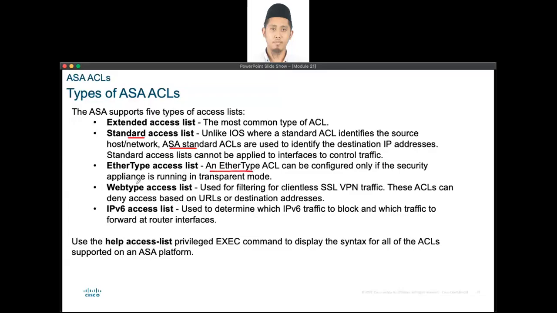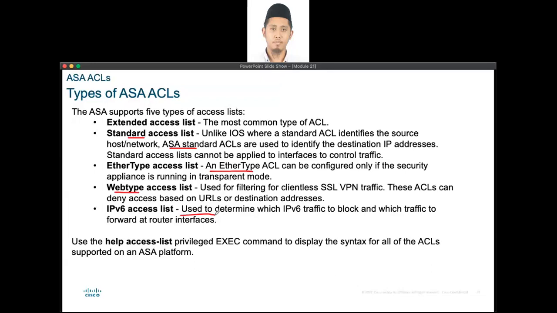For the EtherType access list, an EtherType ACL can be configured only if the security appliance is running in transparent mode. The webtype access list is used for filtering clientless SSL VPN traffic; this ACL can deny access based on URL or destination addresses.